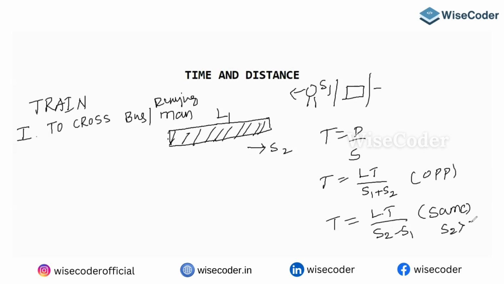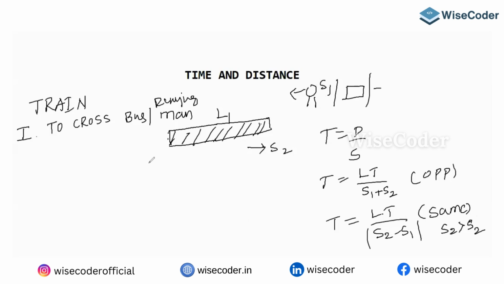Questions may give you a Superman who runs faster, so whichever is greater, take that as the higher value, because the denominator should not be negative.